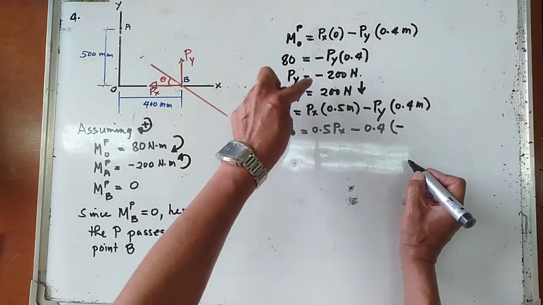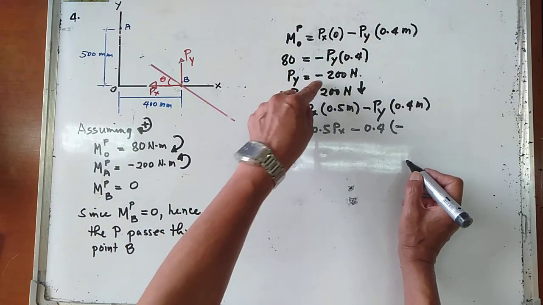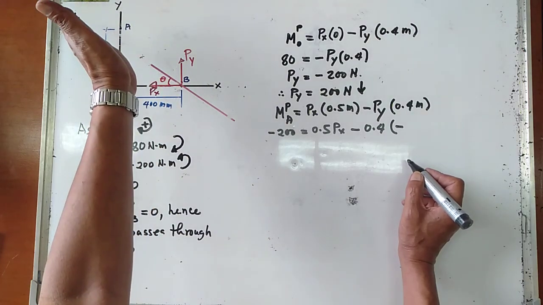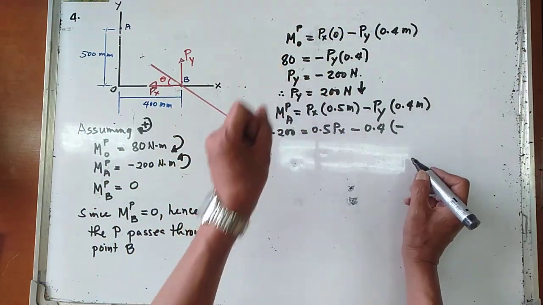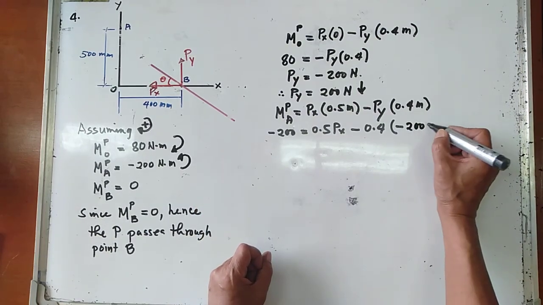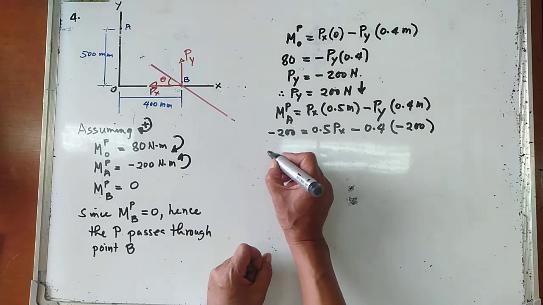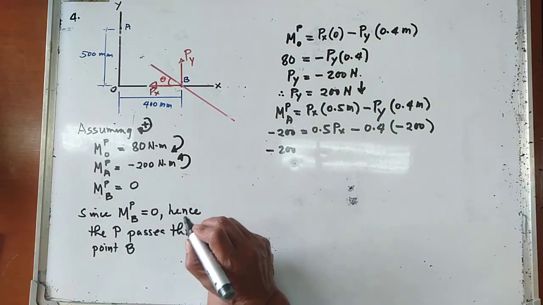Take note that we use negative 200 because we did not change the direction, although we know it is going downward.